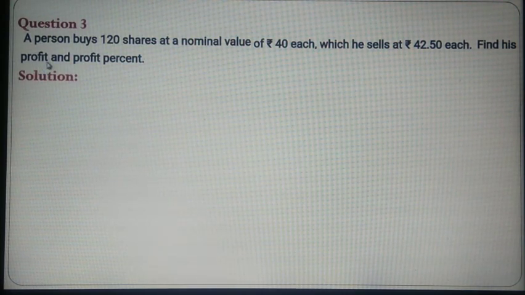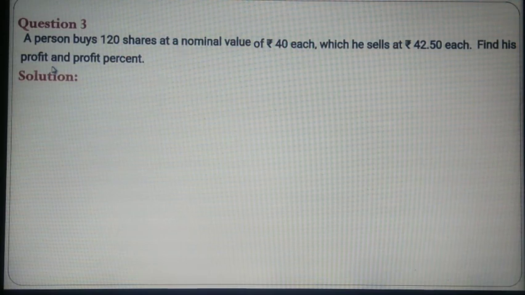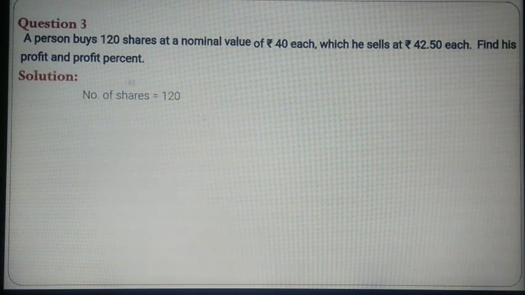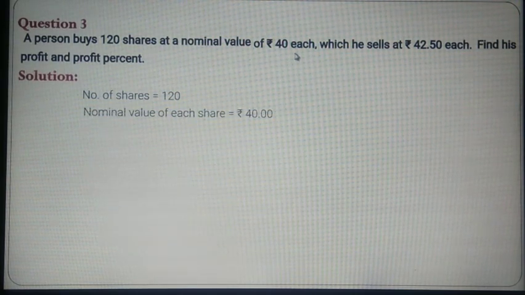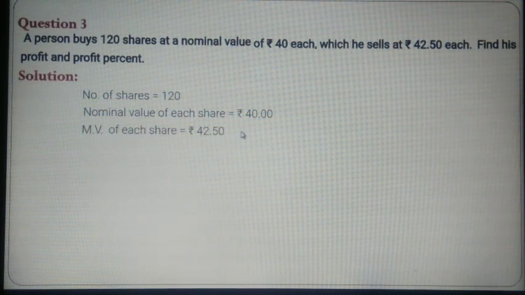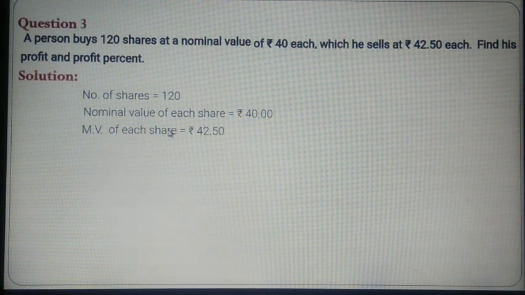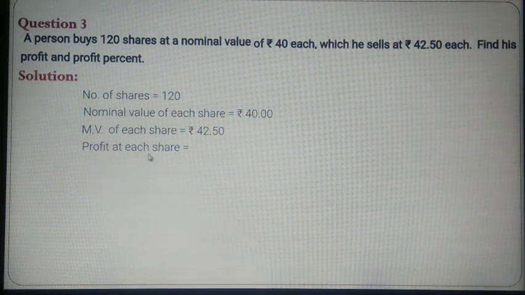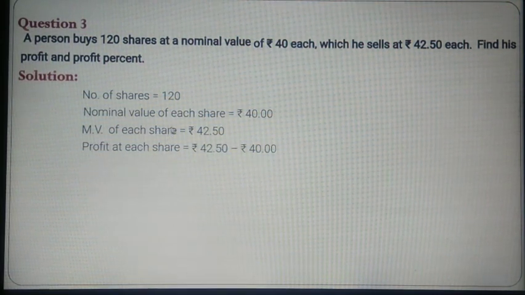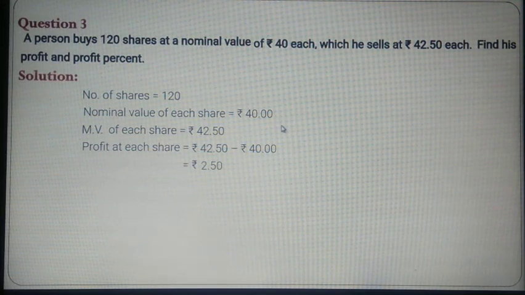Let us see what are the things given to us first. Given is the number of shares, which is 120. Next is the nominal value of 1, which is rupees 40. Now it is given that the market value is this much. Obviously, since there is a profit, let's calculate how much profit there is on each share. Profit on each share will be this minus this, which is rupees 2.50.